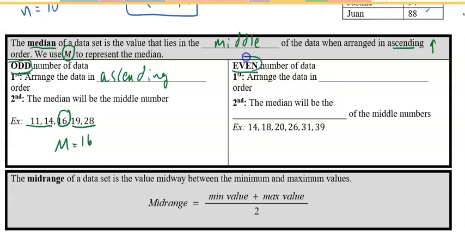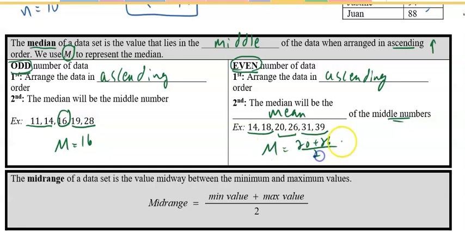If I have an even number, we have a problem, because there is no middle number. Arrange the data in ascending order still. The median will be the mean of the middle numbers, meaning the average of the two.